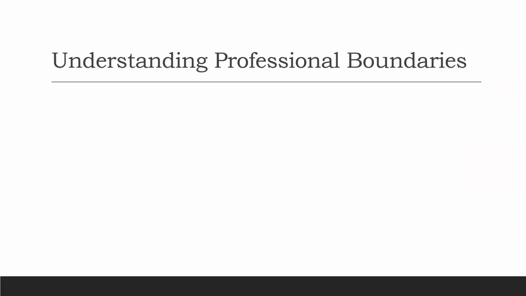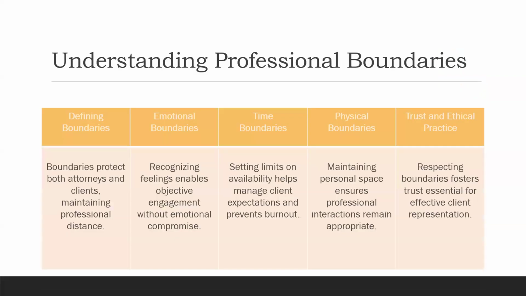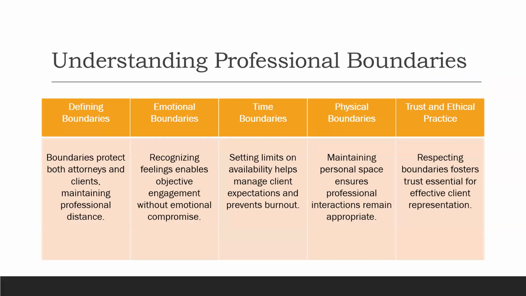For example, emotional boundaries: understanding that clients may rely on you, but it is important to maintain professional distance. Time boundaries: managing your availability to clients within work hours. And physical boundaries: knowing when personal space and touch should be restricted or controlled.